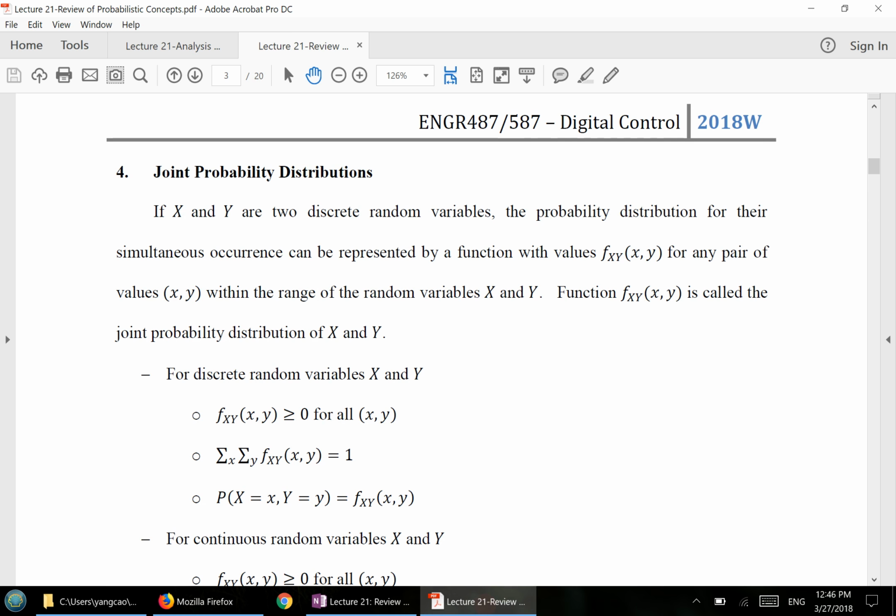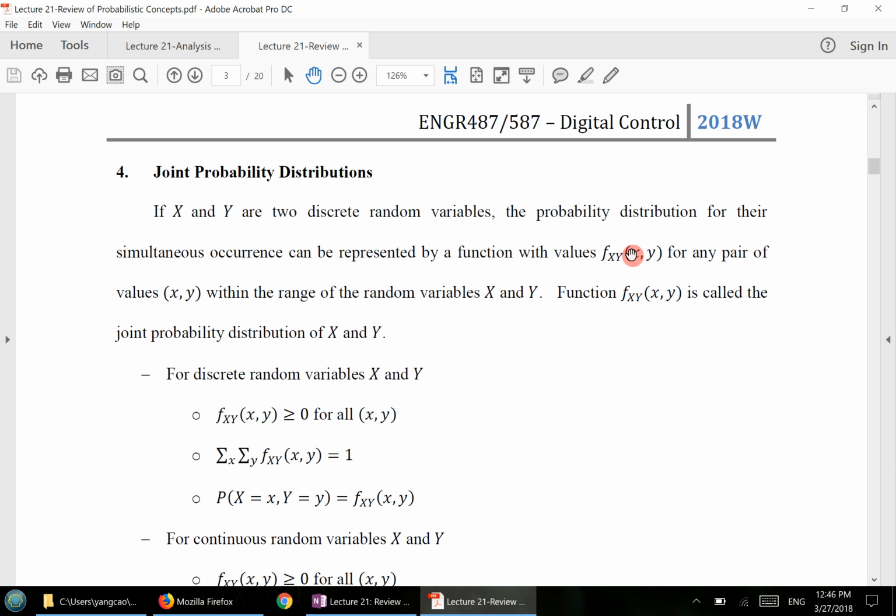You can ask yourself, what is the probability for x and y to happen at the same time? That's when you have multiple random variables together, and joint probability describes that type of scenario.